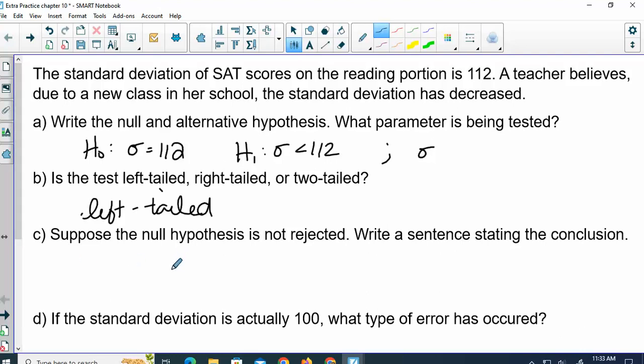Okay, so suppose the null hypothesis is not rejected. If I asked you to write a sentence, so not just a fail to reject, but a sentence explaining what that means. Does it mean I proved the standard deviation was 112?